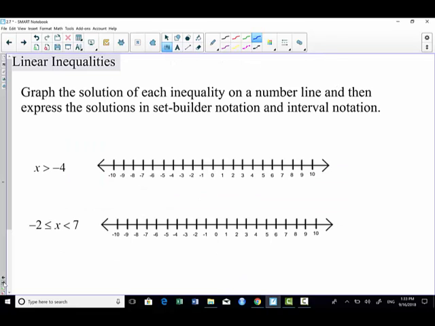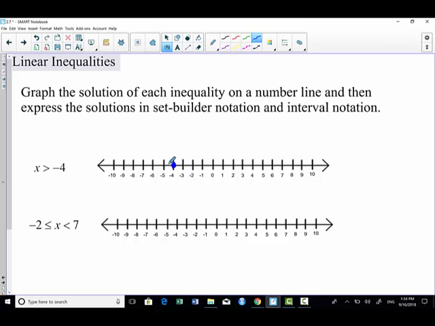Let's see some examples. Graph the solution of each inequality on a number line and then express the solutions in set builder notation and interval notation. The first example, x greater than negative 4. Let's first find negative 4 on the real number line.